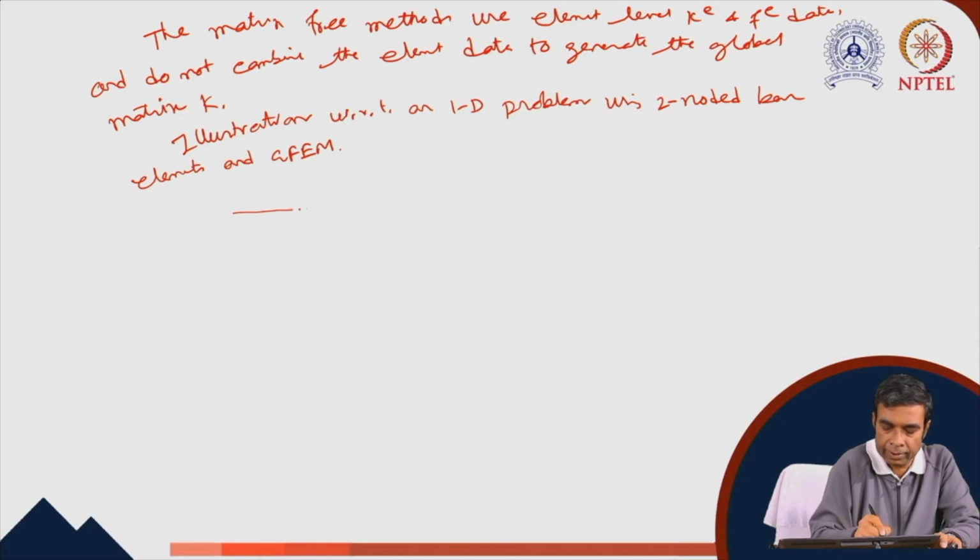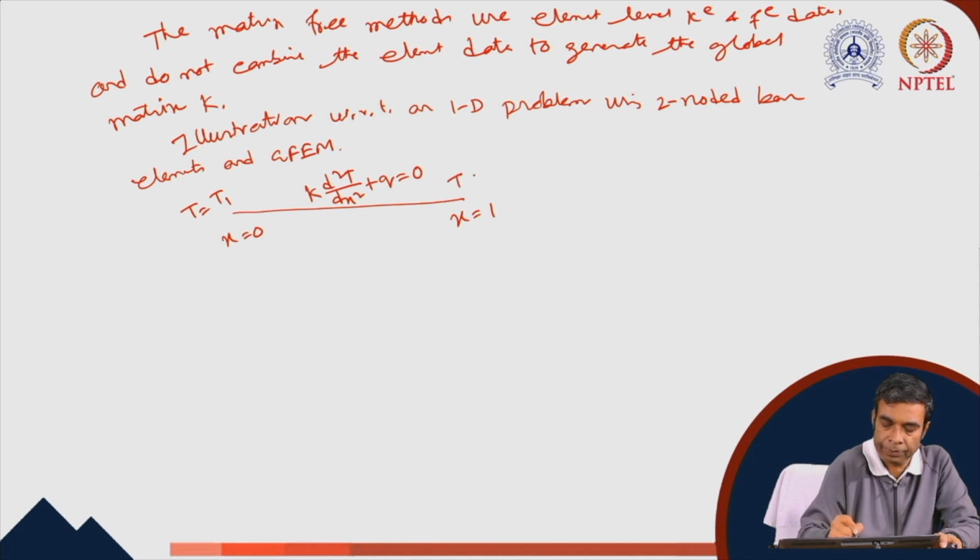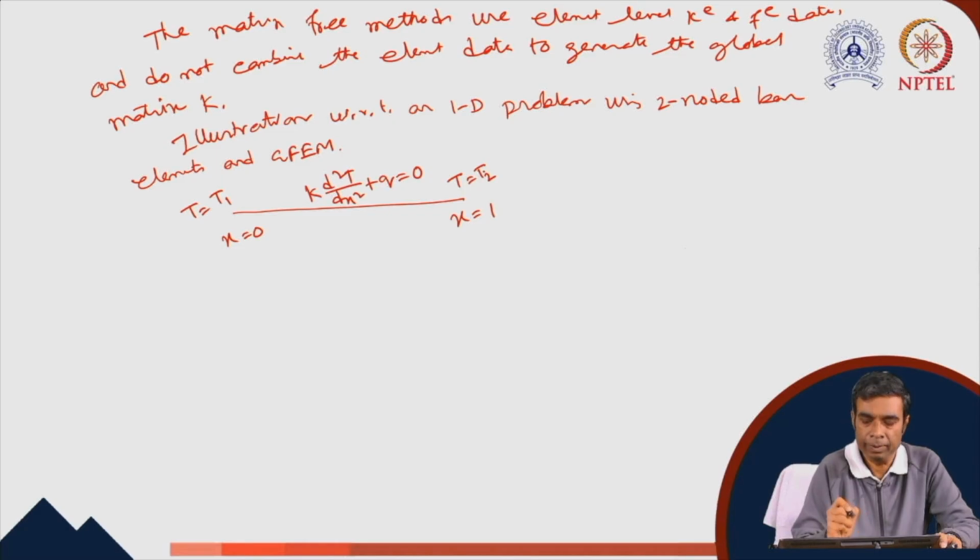So let us consider the heat conduction problem, the model problem, K d2T/dx2 plus Q equals 0, x from 0 to 1, T equals T1 at the left boundary and T equals T2 at the right boundary. We discretize this domain by using 5 finite elements.